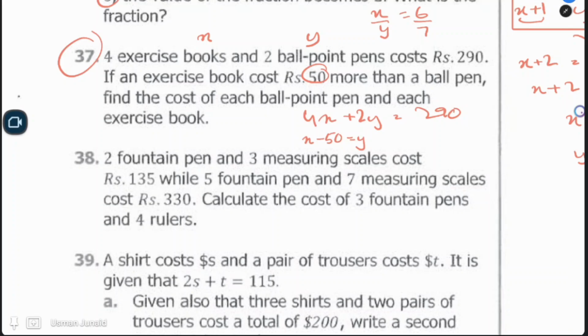What equations did you make? 2x plus 3y is equal to 135. 5x plus 7y is equal to 330. Right. So you're doing substitution or elimination? Elimination. So you'll multiply this by what?